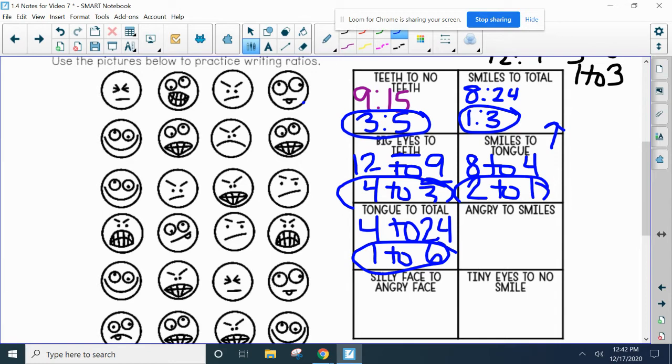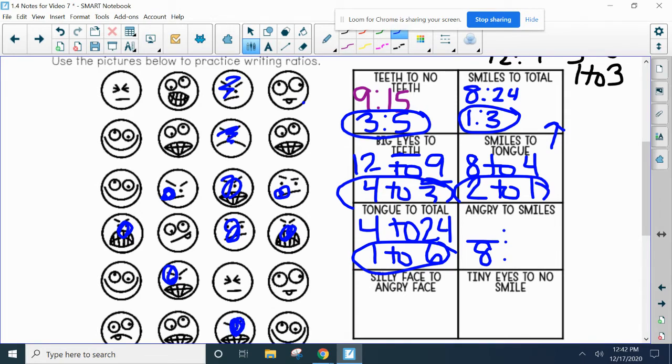All right, so angry to smiles. Well, we already did smiles. We said smiles was 8. So I'm going to make it a fraction this time because I haven't done that yet. Angry on top, angry to smiles. So now let's see how many angry faces there are. So I see 1, 2, 3, 4, 5, 6, 7, 8, 9, and 10.